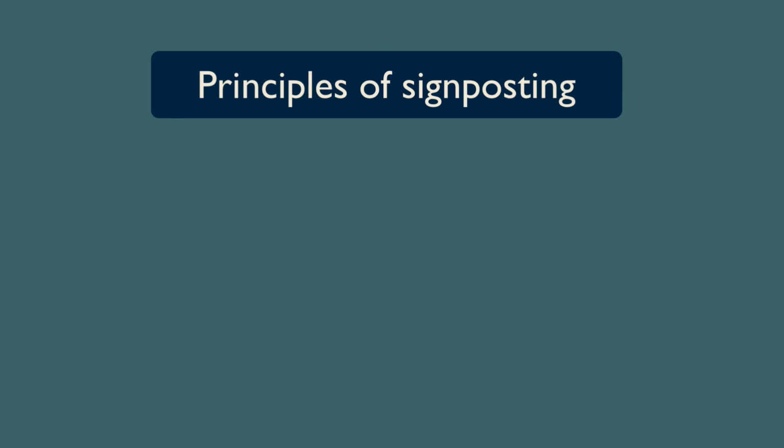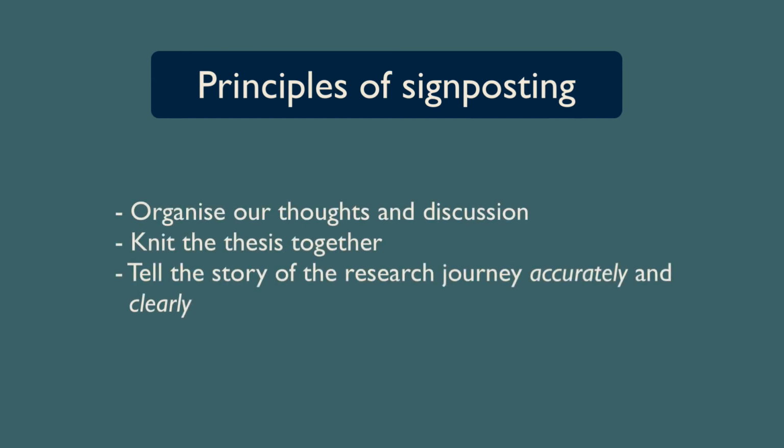So, as well as helping the reader to navigate our arguments and discussion, these techniques of introducing and summarising help us as researchers to organise our thoughts and argument, knit the thesis together, and tell the story of the research journey clearly. These are the underlying principles of why we use these techniques in writing up our research.